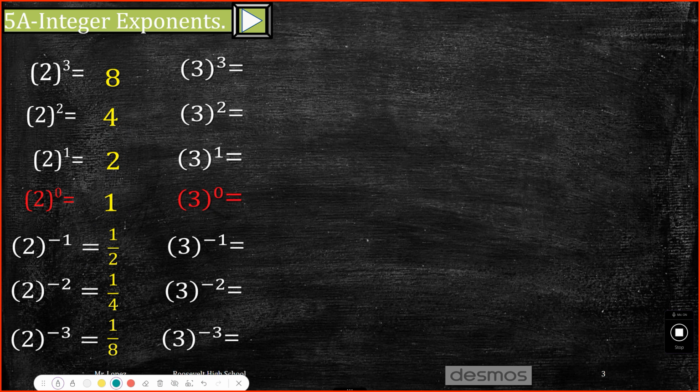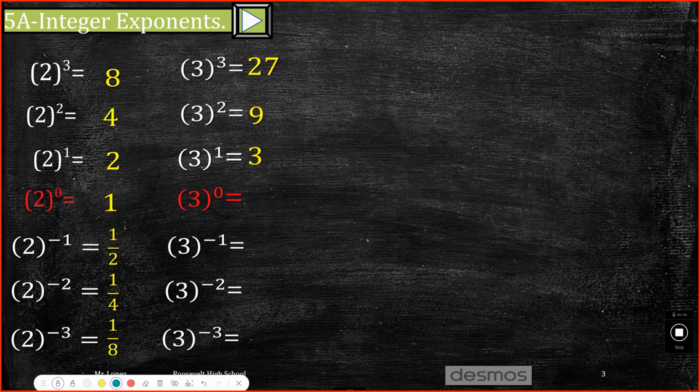What's 3 to the third? 27. Janet, 3 squared. 9. Hillary, 3 to the 1 power? 3.